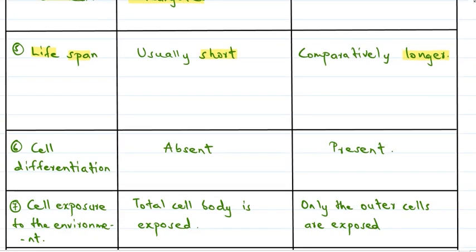Then we saw the type of cell differentiation. So cell differentiation was absent in case of unicellular organisms and cell differentiation is present in case of multicellular organisms. Then we saw the cell exposure to the environment, and in unicellular organisms, as they have only a single cell, the total cell body is exposed to the environment, whereas in case of multicellular organisms only the outer cells are exposed to the environment.